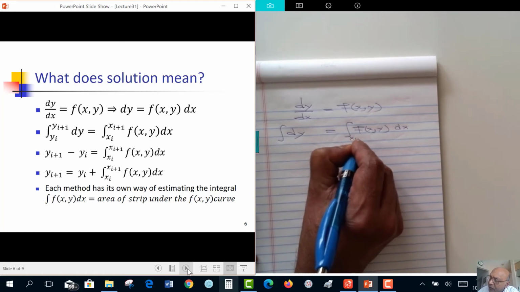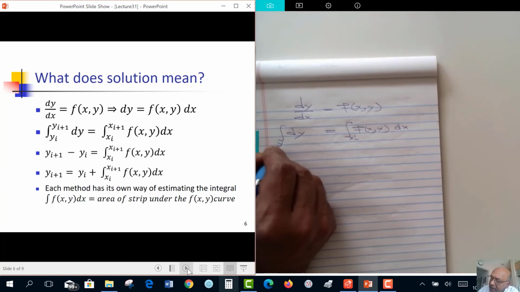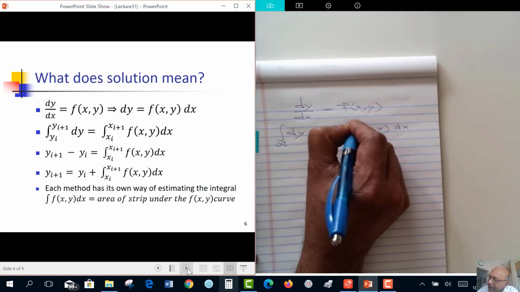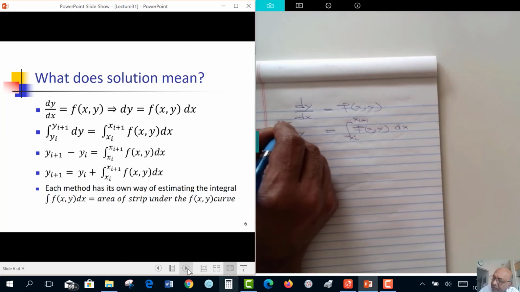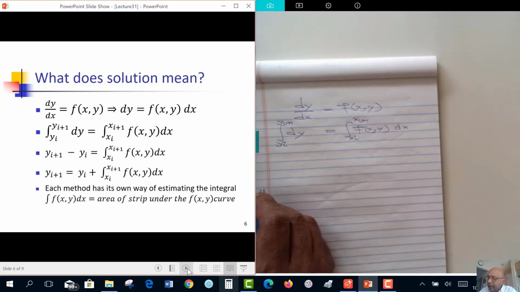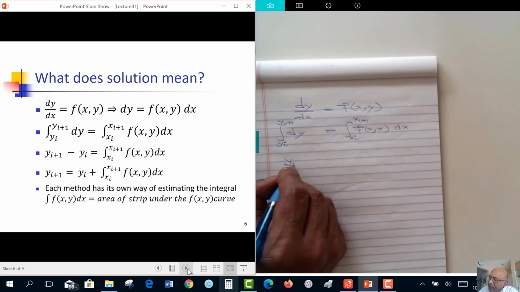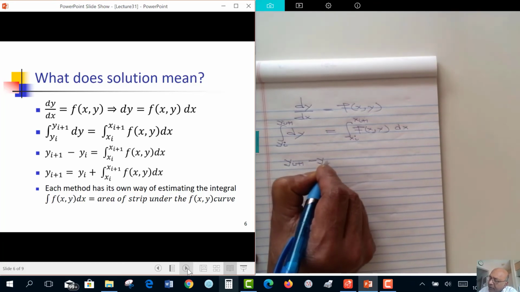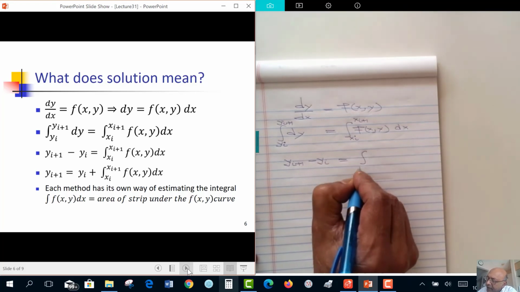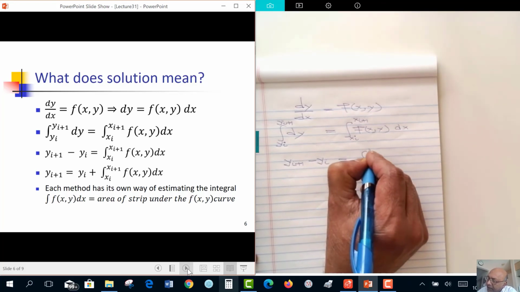At xi we know yi. Let's say at xi plus 1 we want to find yi plus 1. So when we integrate, the left hand side would be this and the right hand side would be this integral.